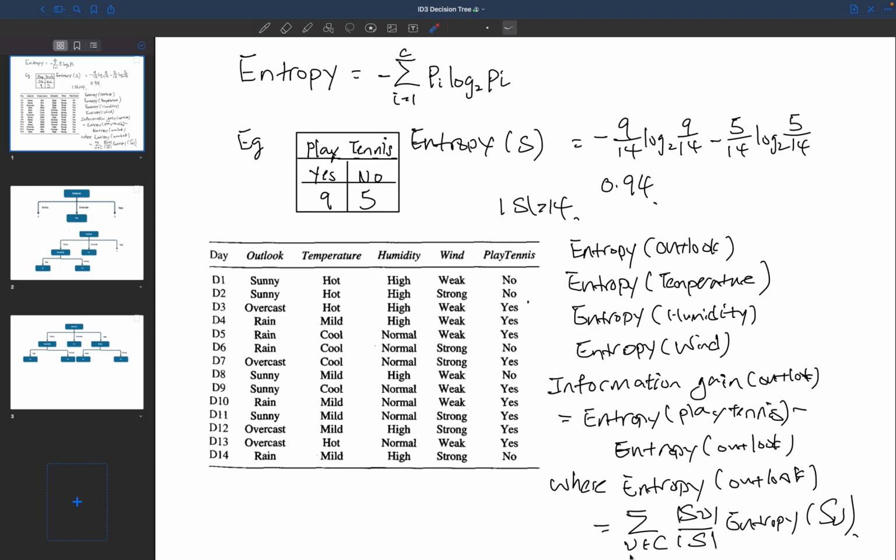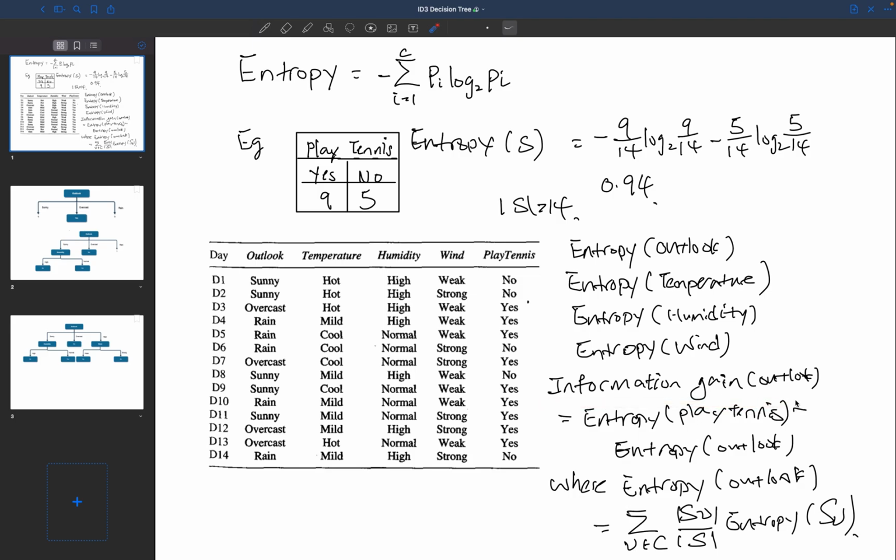Next, we need to understand which feature is the best feature to use for questioning at a particular node, and this is done by using a measure called information gain.